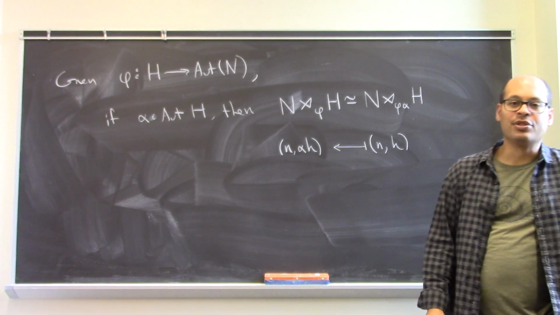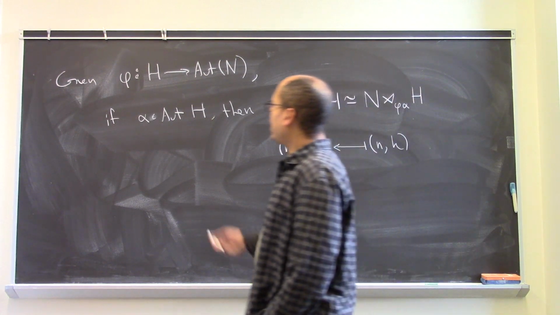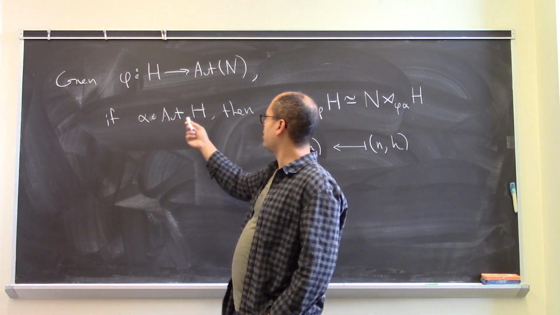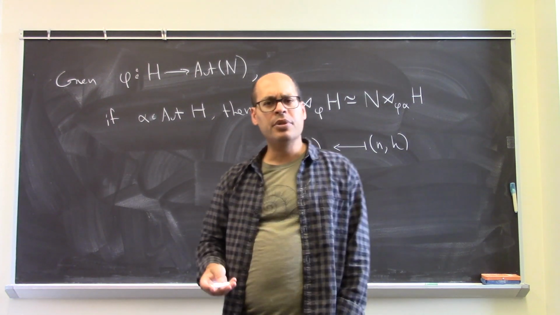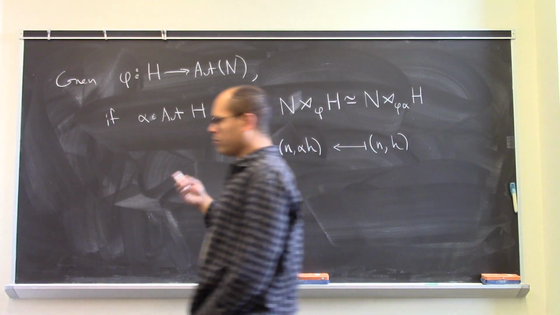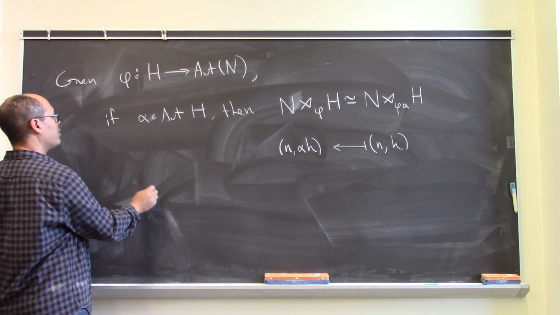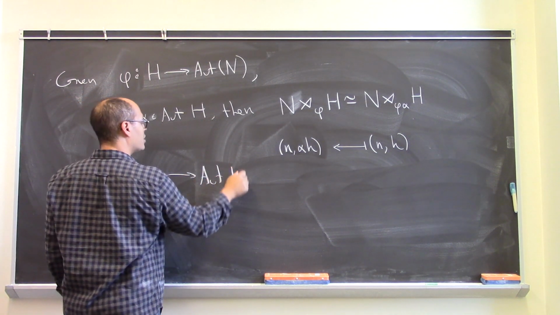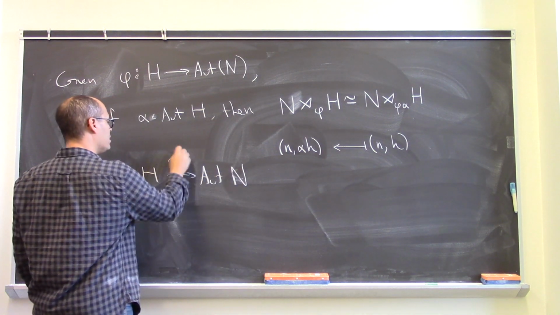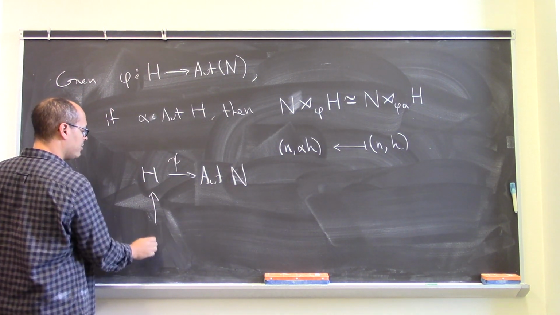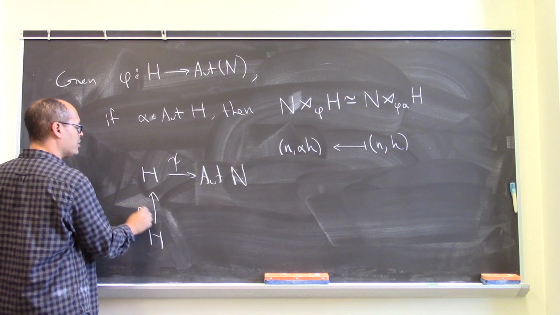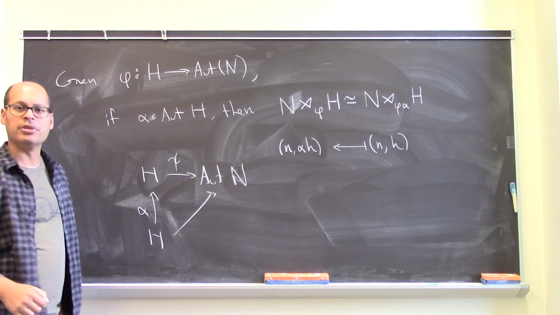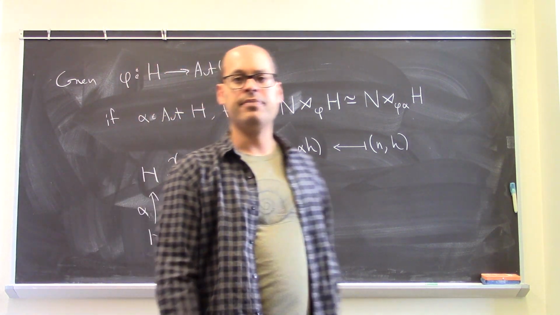Well, one thing that you can do is, if you have such a phi and you grab an arbitrary alpha, which is an automorphism of H, you can produce a new phi, or what we were calling psi, in the following way. Instead of just going to Aut N via phi, you first go from H to itself via the automorphism, then you go over. You precompose with some alpha.